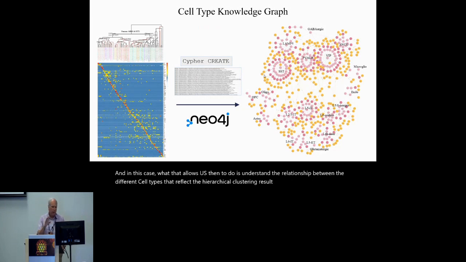On the top part of the graph are all of the GABAergic inhibitory neurons, and then the different subtypes with satellites of sub-subtypes revolving around the individual subtypes. Those are in the pink color, and then the marker genes are in the yellow color. So now we can take the data and convert it into this semantic representation about cell types, their relationships to other cell types, and the expression of marker genes that seem to be important for cell type identity.